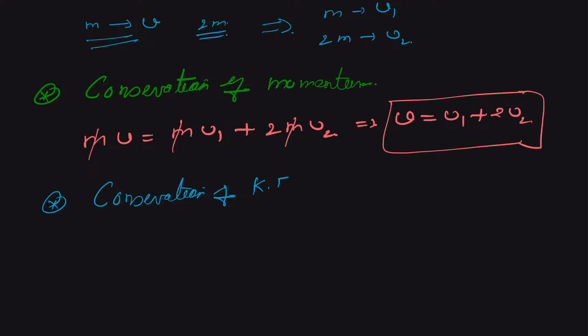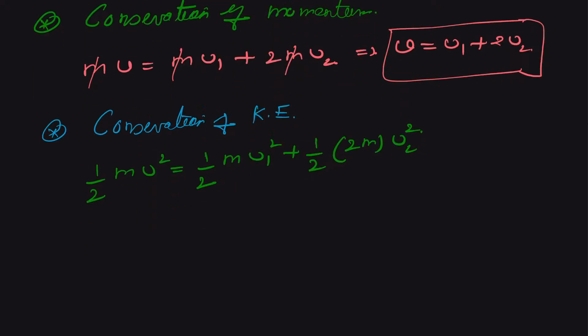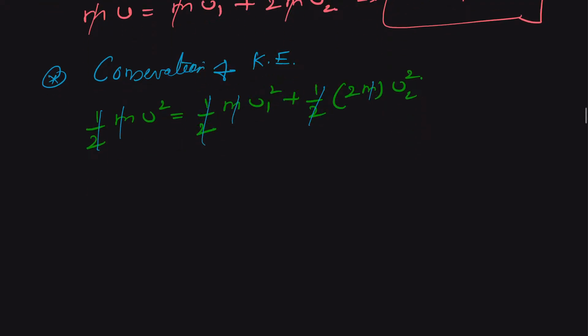Initial kinetic energy is half m v square, and final will be half m v1 square plus half 2m and v2 square, and this half along with this m cancel out throughout, therefore we get that v square is equal to v1 square plus v2 square.